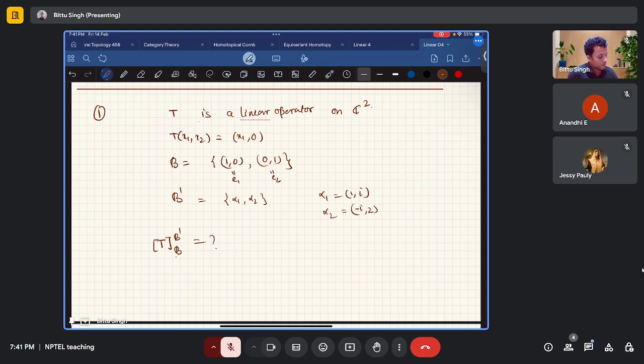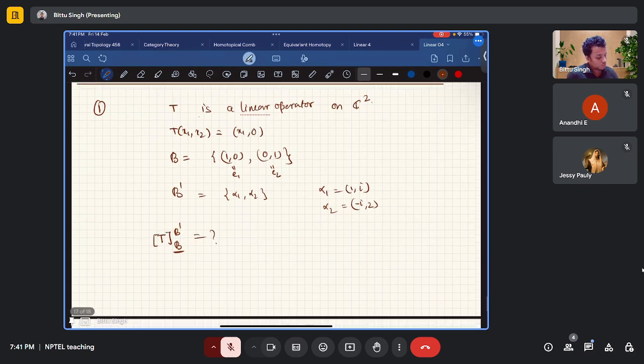So here B is this 1 0, 0 1. Those are the usual standard coordinates. So we can write the coordinate of 1 0 with respect to standard basis B. This is actually 1 0, right?